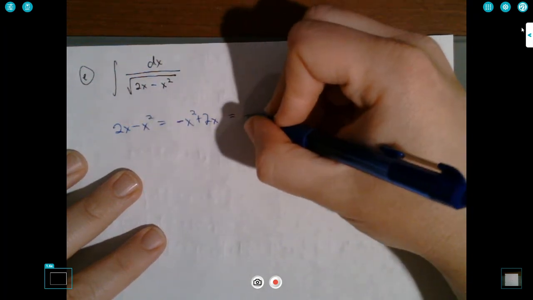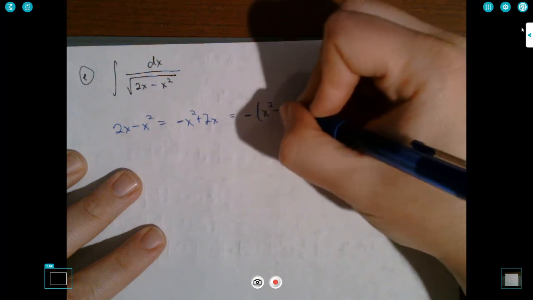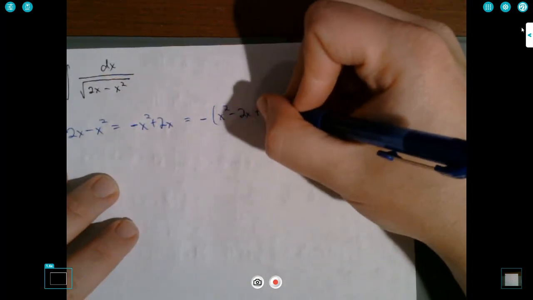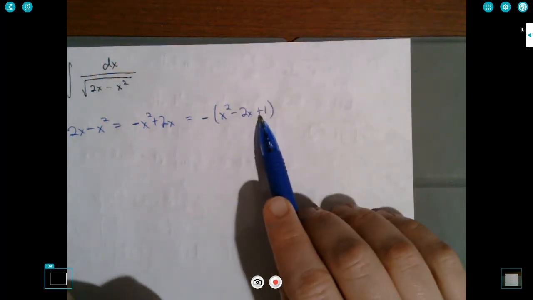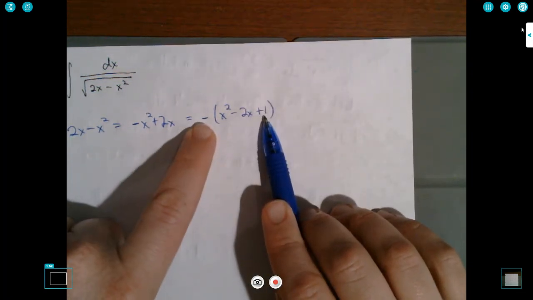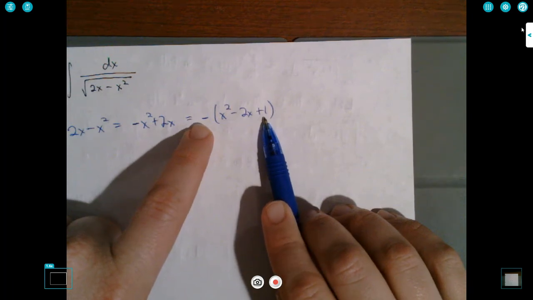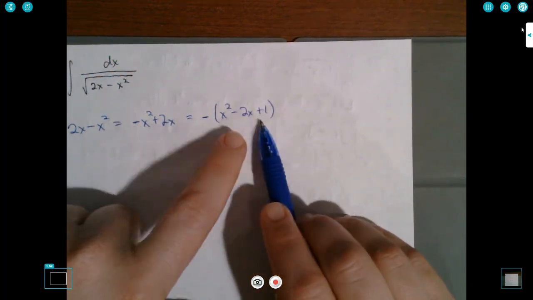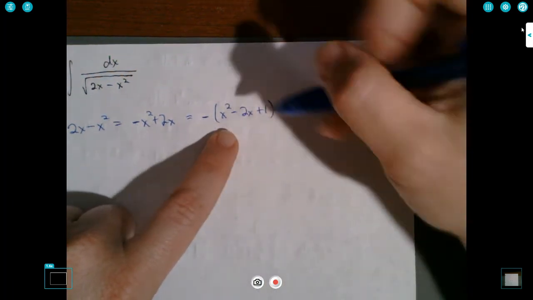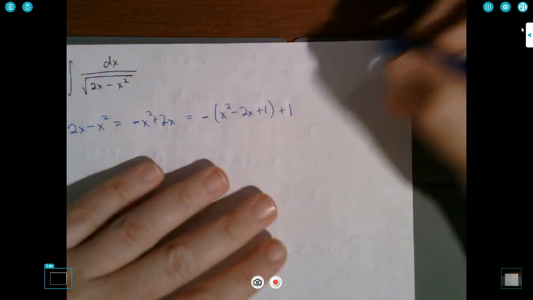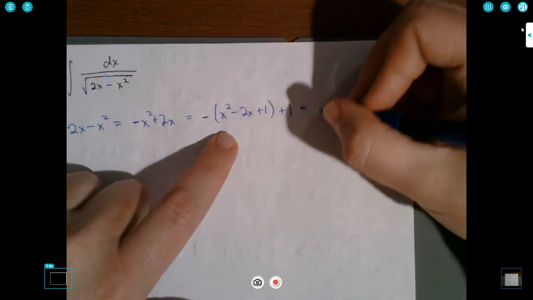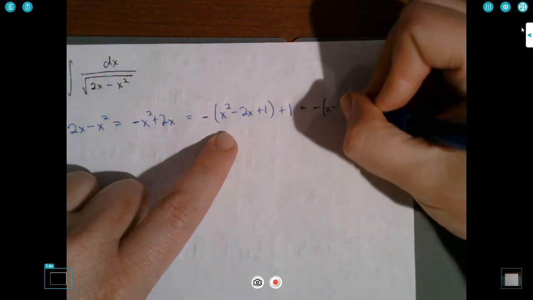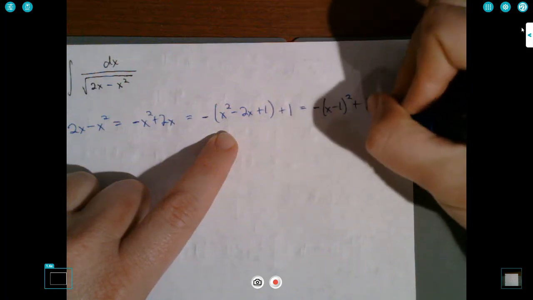I can factor out the negative and get x squared minus 2x, and I can complete the square by adding a 1. Of course, if I've added 1 in here, I've really subtracted a 1, so to offset it so that this equality still holds, I have to add a 1. And then I can call this negative x minus 1 squared plus 1.